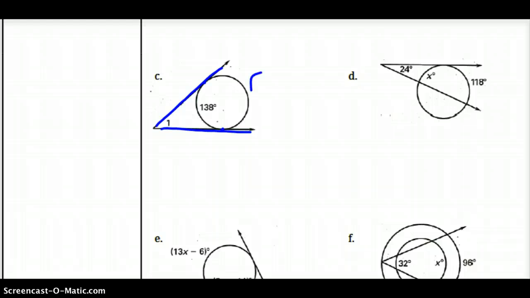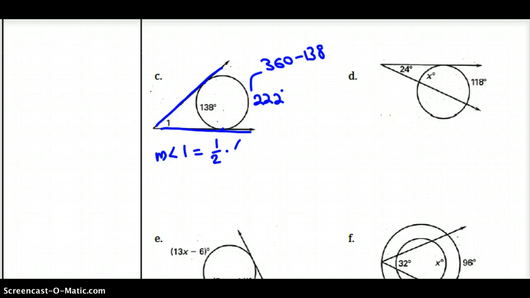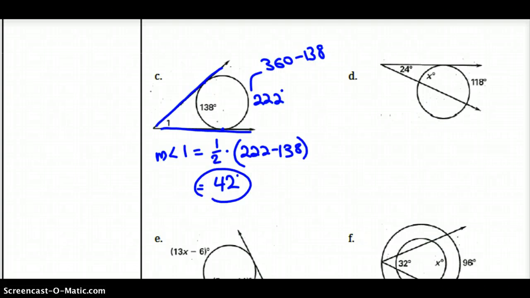So first of all, to find this, it's going to be 360 minus 138. So that gives me 222 degrees. And now again, the measure of my angle equals 1/2 the large minus the small intercepted arcs. And here, we get a total of 84. Divided by 2, we get 42 degrees.